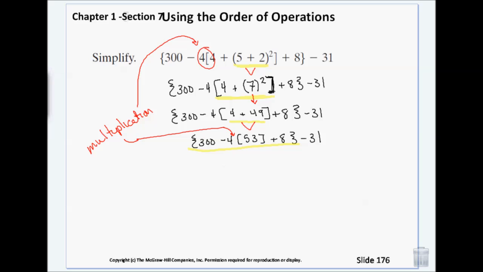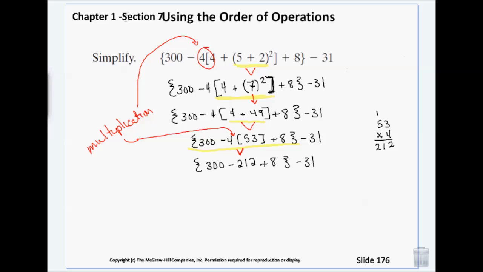And inside these braces, the first thing I need to do, I have subtraction, multiplication, and addition. So the first thing I need to do is that multiplication. Okay, and I have not memorized my 53s. So I'm going to rewrite everything else exactly the way it was.